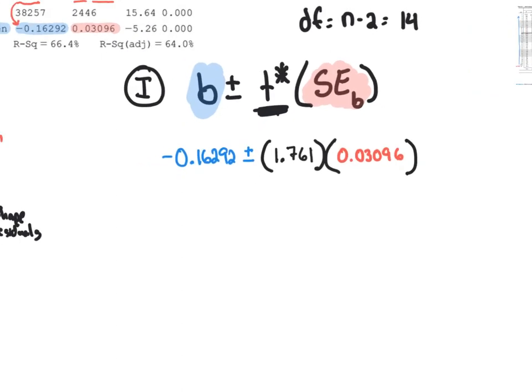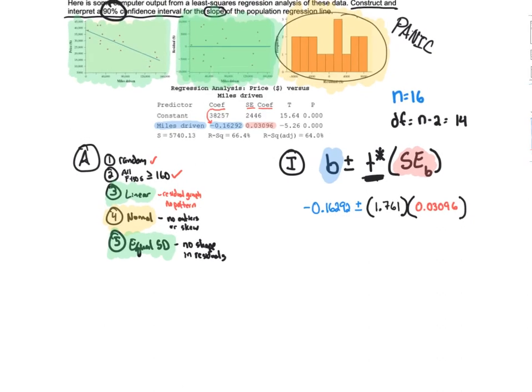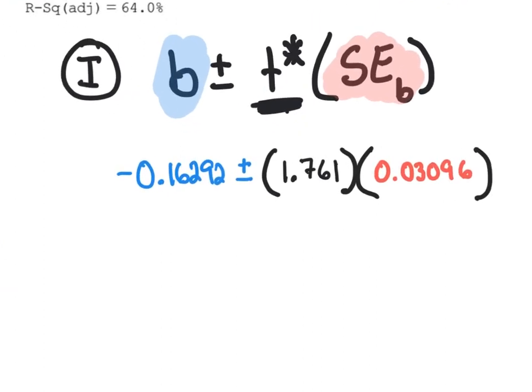Now, unfortunately, your calculator does not allow us to do a confidence interval if you're not given the actual data. Since I'm not given the actual data, I am going to have to do this one by hand. So here's what I'm going to do. Negative 0.16292, using all the values they give me, plus 1.761 times 0.03096, enter.